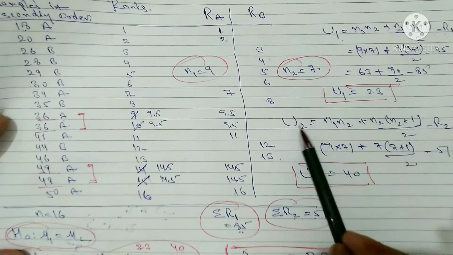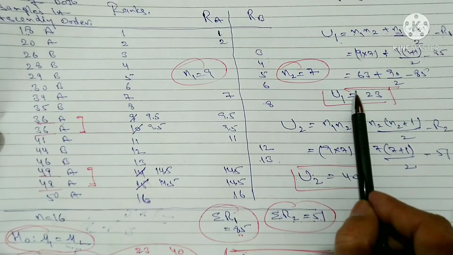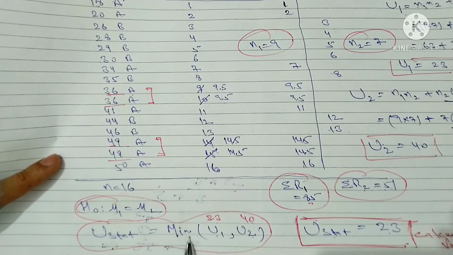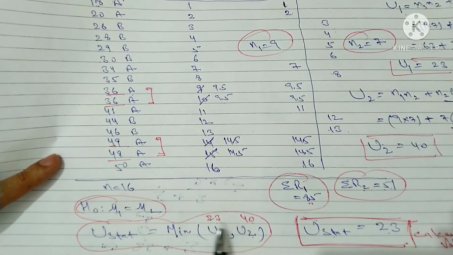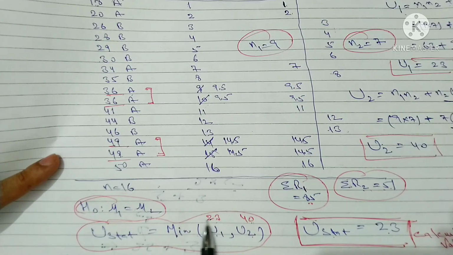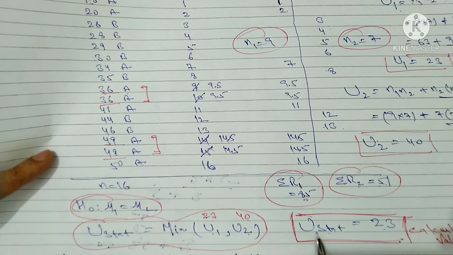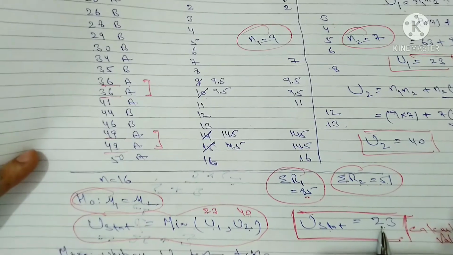Then calculate U1 and U2. U1 is 23, U2 is 40. The U stat is the minimum of U1 and U2, here 23. Therefore the calculated value of the Mann-Whitney U test is 23.